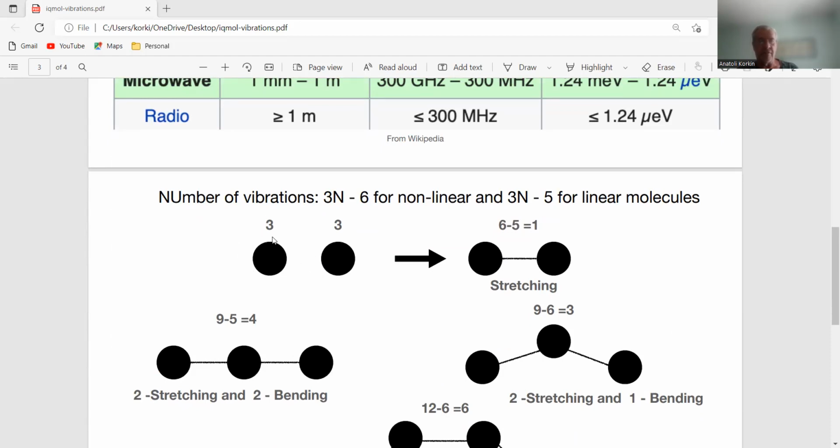When we form the simple molecule from 2 atoms, each atom has 3 degrees of freedom, translational in each direction in our 3-dimensional world. When we combine them together, we form one bond and have 1 stretching vibration, and the remaining 5 degrees of freedom correspond to 3 translational modes and 2 rotational modes. The third rotational mode for linear molecules would not exist because there is no momentum along the axis.